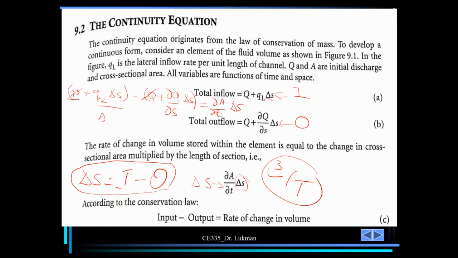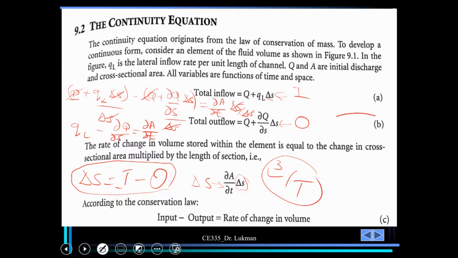And then we divide throughout by delta S. This will cancel, this will cancel, and then we will have just QL minus del Q del S be equal to del A del T.